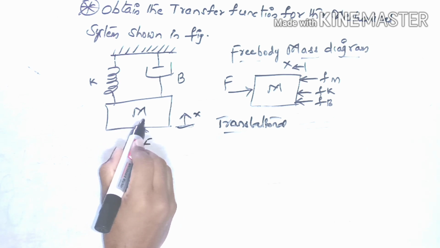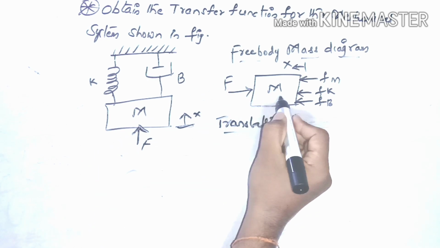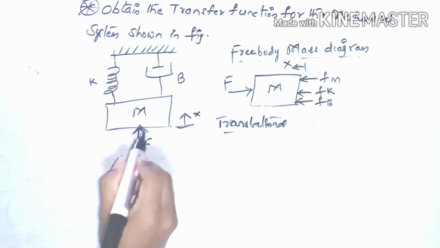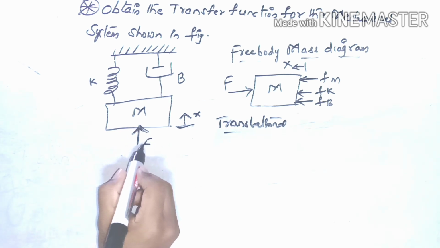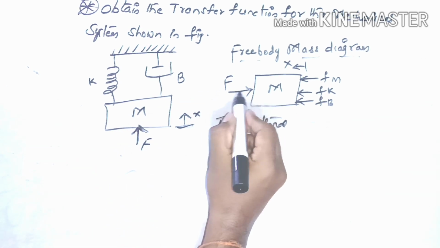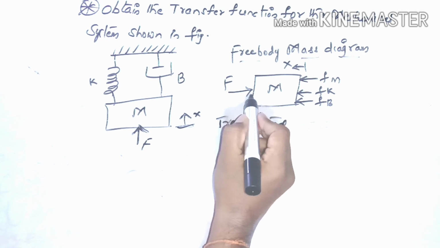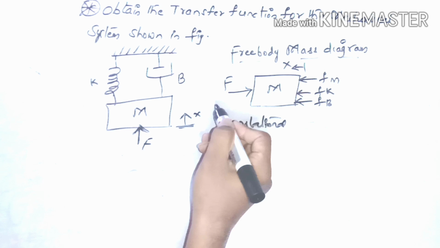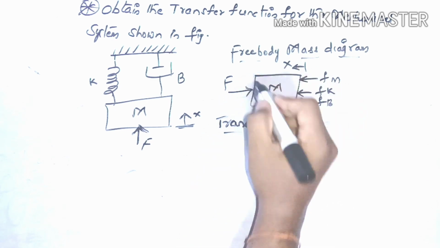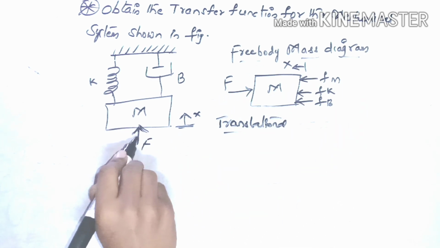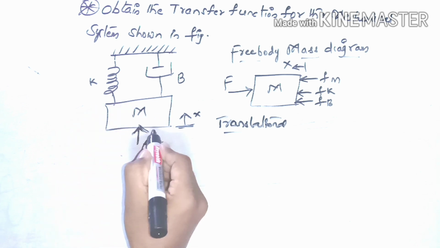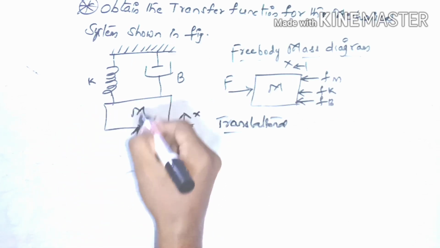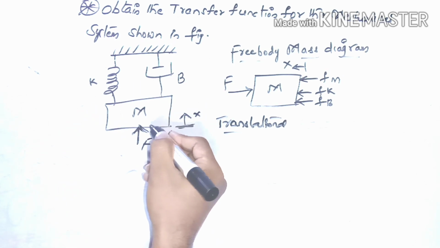First, draw the mass element here and check whether a force is applied or not. F is applied inward, so I have mentioned F is applied inward, and the displacement is represented as an arrow mark inward. When the force is applied, equal and opposite forces act on that element.